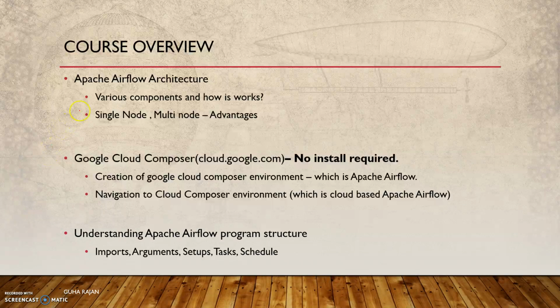Post that, I'll be discussing the Airflow architecture, the various components in it, and how it works. This is more from an understanding perspective. Then what is a single node and the multi-node architecture, and the advantages of having the multi-node architecture.